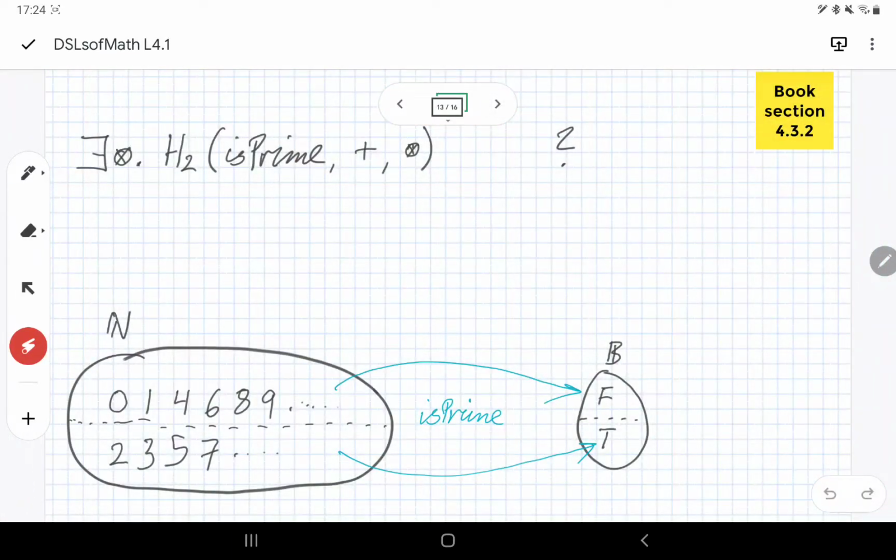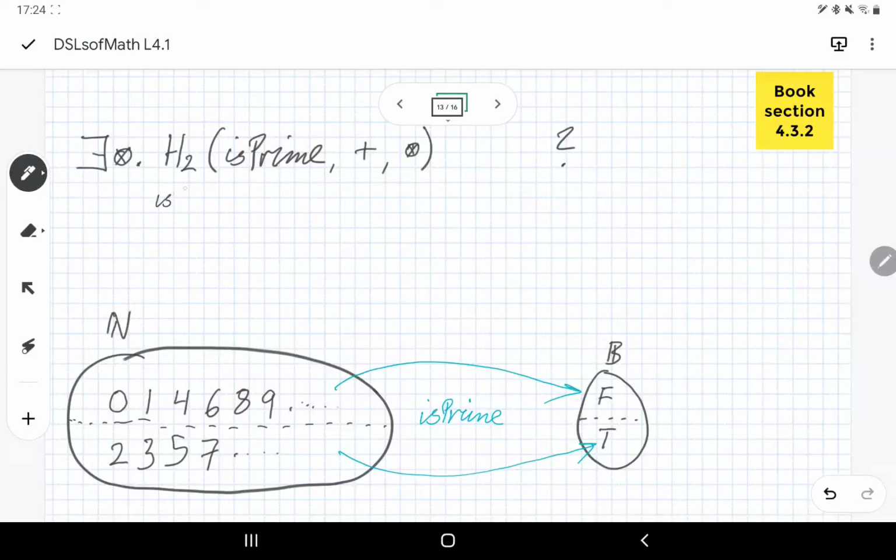Okay, so strengthened by this positive example, let us try another example. Is the function is prime, so primality checking, a homomorphism from addition to any operator? This is from the book, section 432. So we have a similar picture here. I can write down the types.